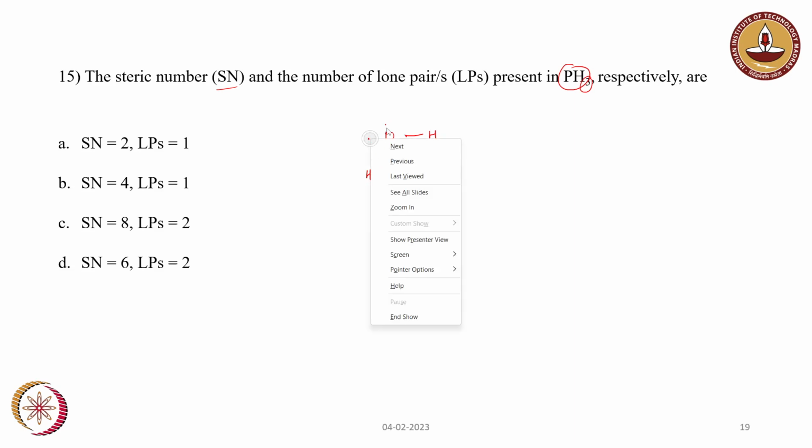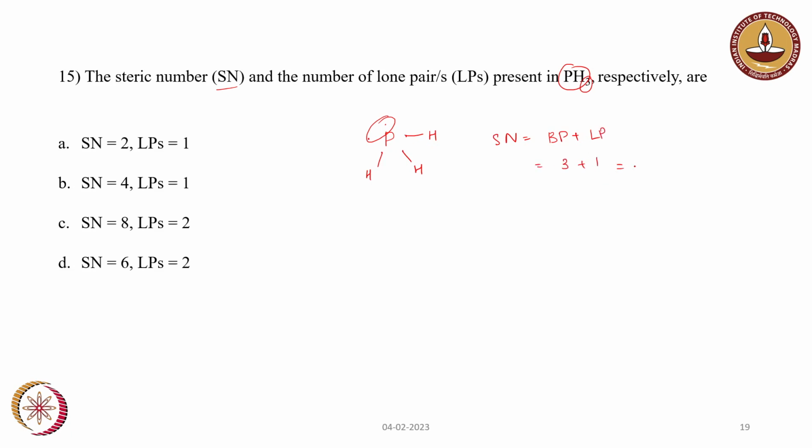These two electrons become one lone pair and there are 3 bond pairs. So steric number is equal to bond pairs plus lone pairs. We have 3 bond pairs and 1 lone pair, that is 4. So the answer will be steric number is 4 and lone pair equal to 1.